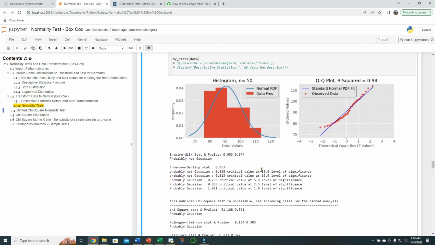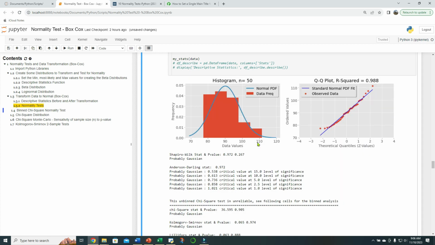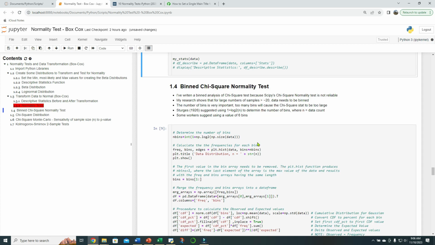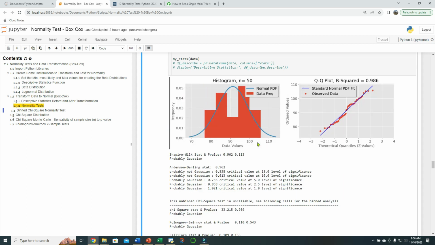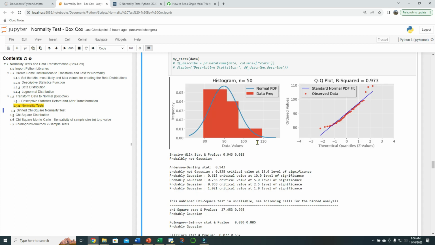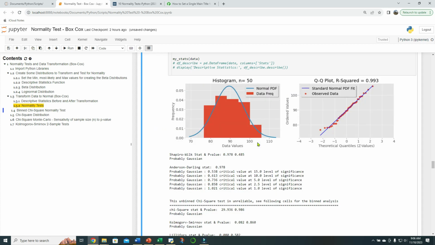I should also mention that if I run this several times, you get a different looking plot because you're sampling randomly. So sample size is particularly important to doing these types of analyses.